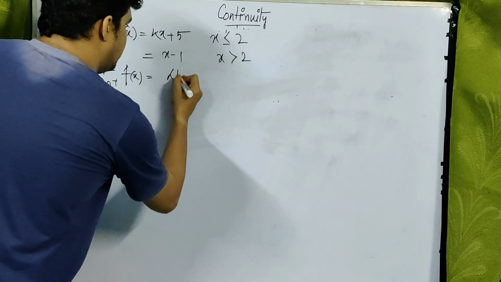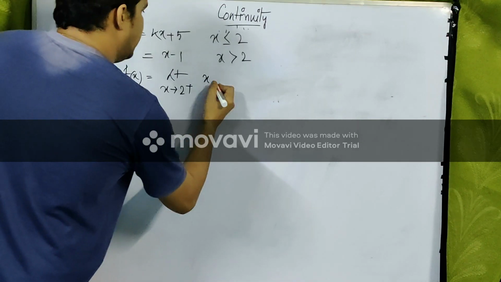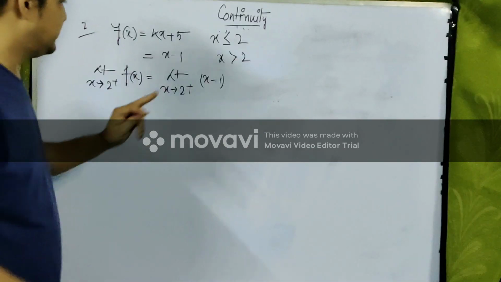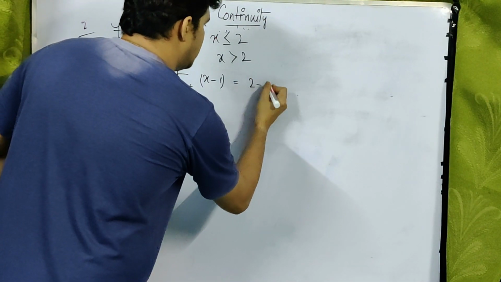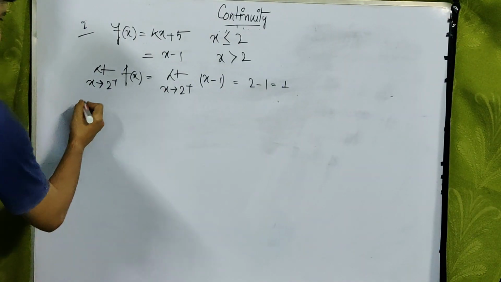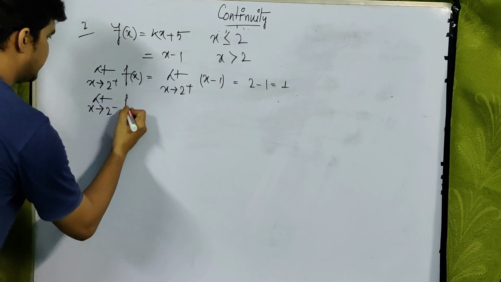So we will write the limit as x tends to 2 plus, and the function is x minus 1. Now if we put 2 in the position of x, we will get 2 minus 1, which equals 1. Okay. Now again, the limit as x tends to 2 minus of f(x).